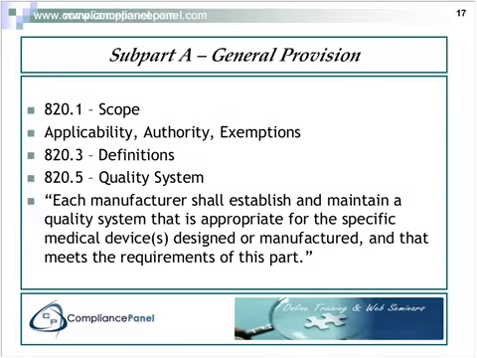So Subpart A is the general provision, and basically it's the scope, any definitions, and 820.5 gives you the quality system, which basically gives you the law. Each manufacturer shall establish and maintain a quality system that is appropriate for the specific medical devices.